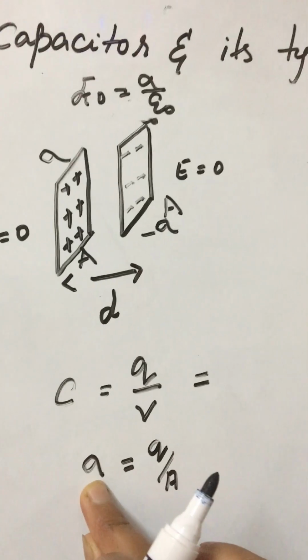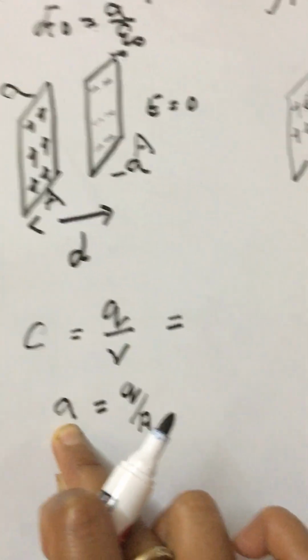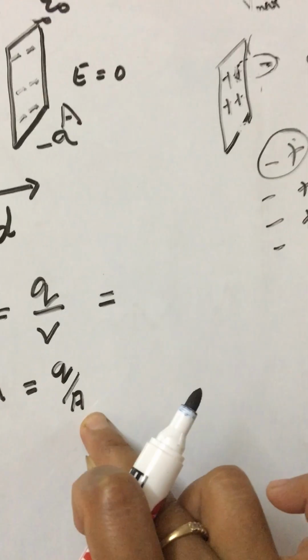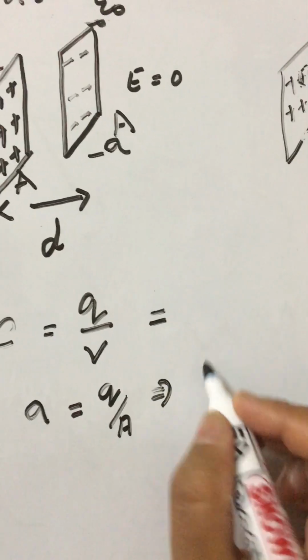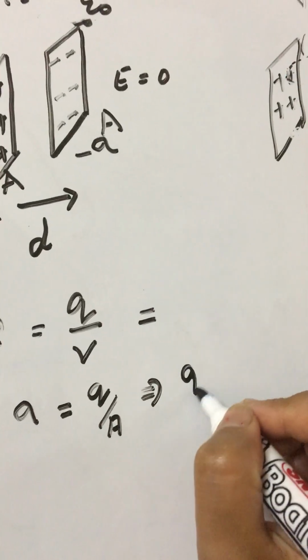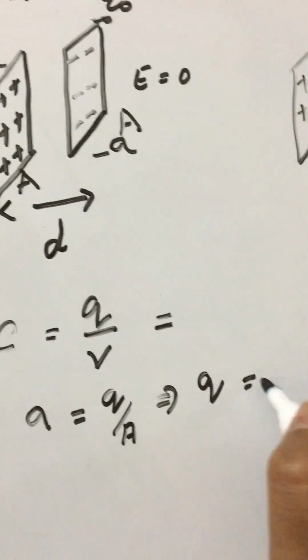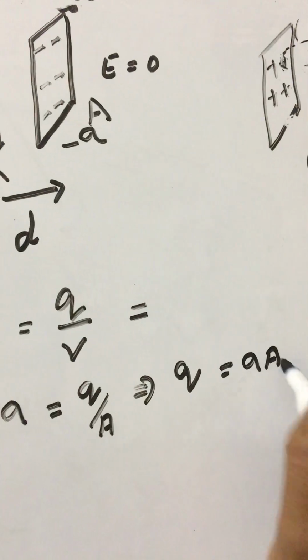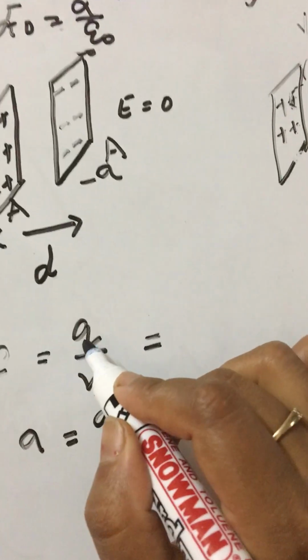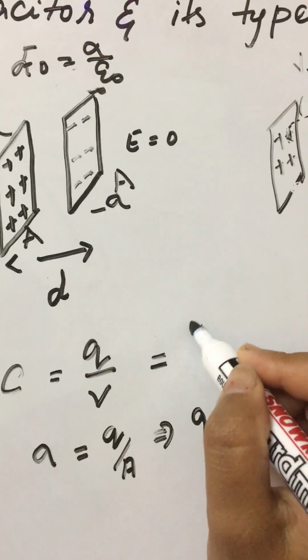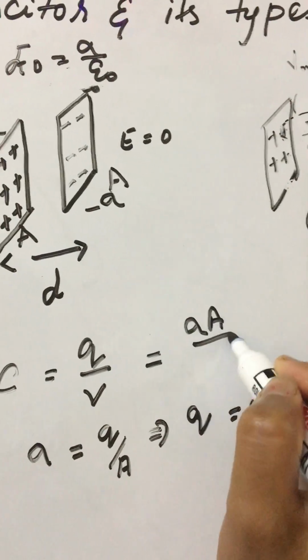In the unit area, how much charge is contained, that is charge density. In area A, how much charge is contained? Sigma into A. So for area A, the charge contained is sigma A. I hope you understand it. Then Q will be sigma A, and C will be sigma A by V.